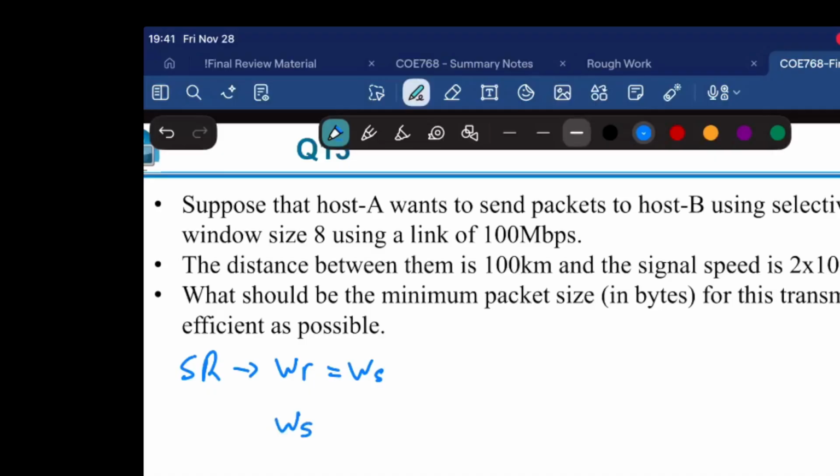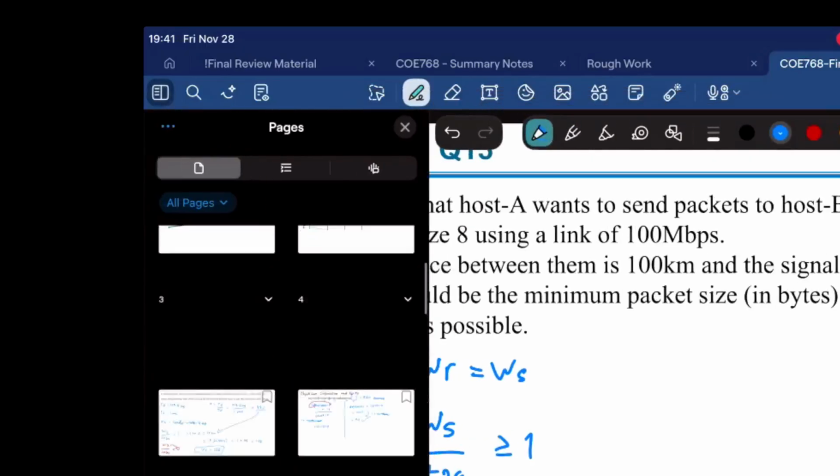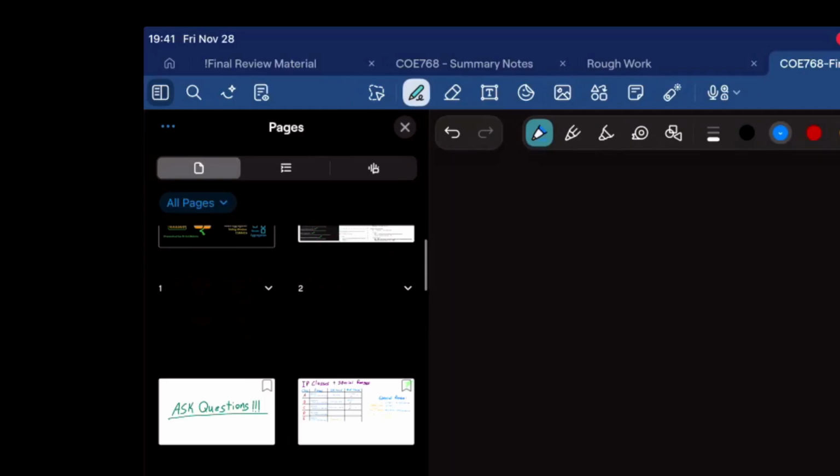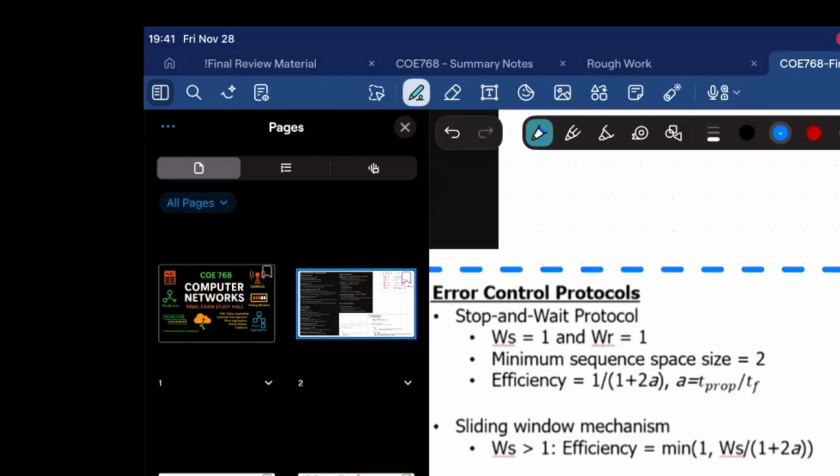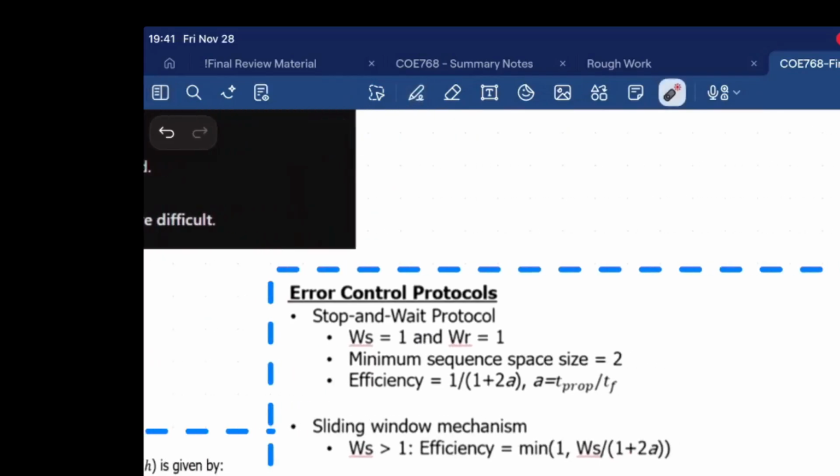finding the sender window size, which is something that we have, and the divisor that we have here is 1 plus 2a, as we did before, and this must be greater than or equal to 1. The reason we have it greater than or equal to 1 is that, once again, we want to make it as efficient as possible.